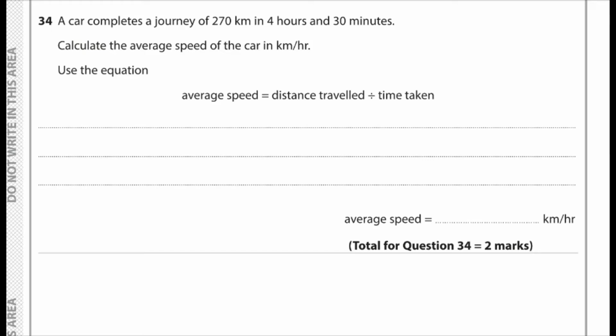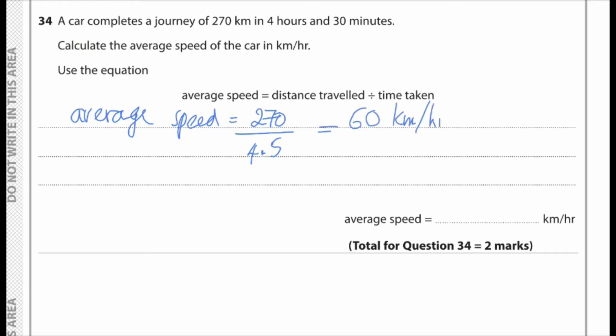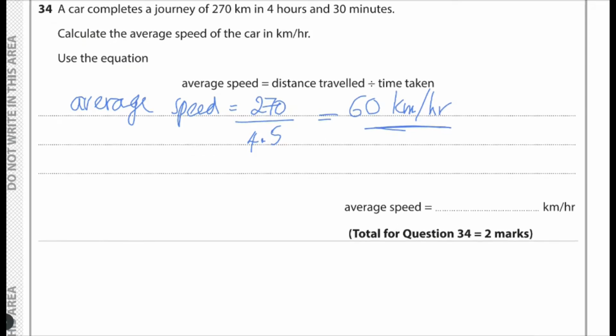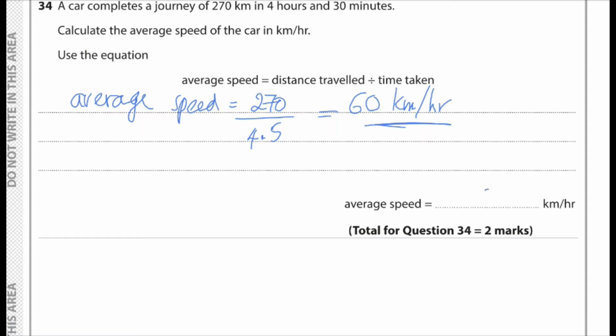So average speed equals distance traveled, 270, divided by 4.5, because 4 hours and 30 minutes means 4.5. So the answer will be 60 kilometers per hour. You can write down the answer over here as well.